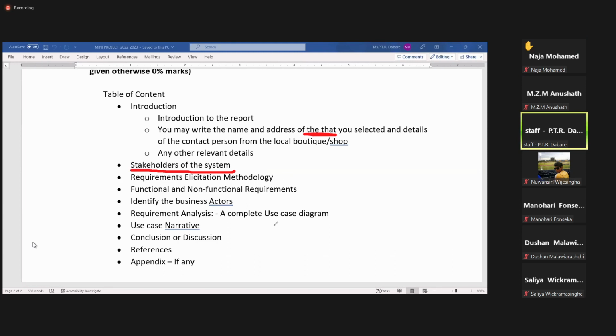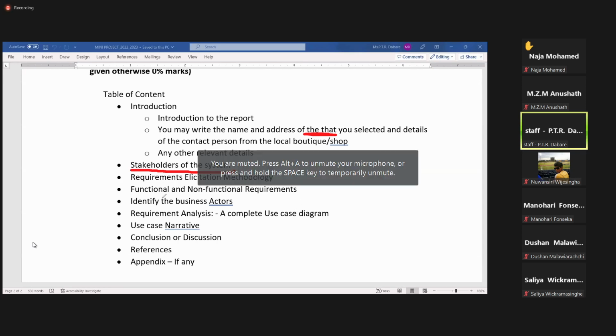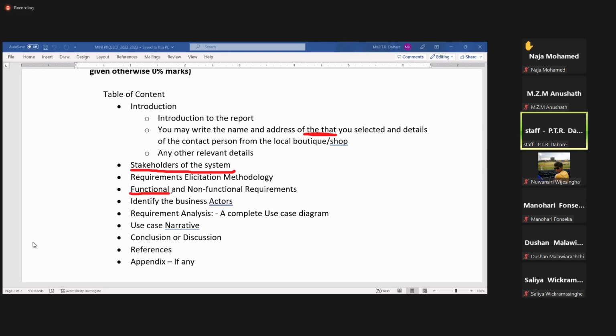Then come the functional and non-functional requirements. Functional means the activities that are carried out in this system, and non-functional means things that are not functions but are expected from the system. We discussed this in day school 3. For an inventory system, a functional requirement would be buying goods.